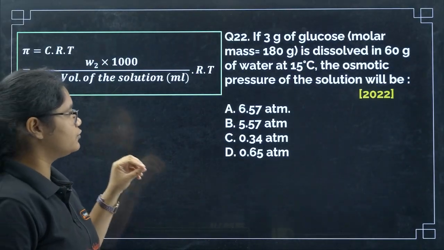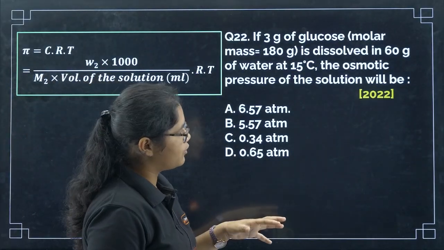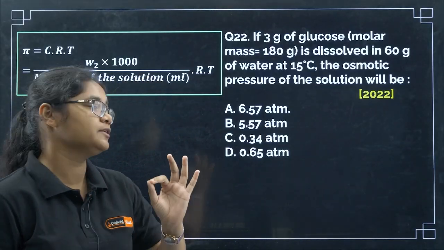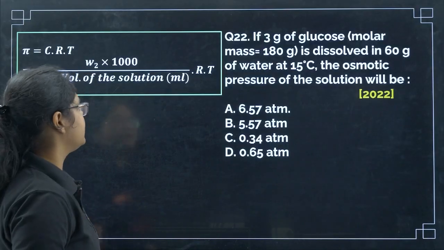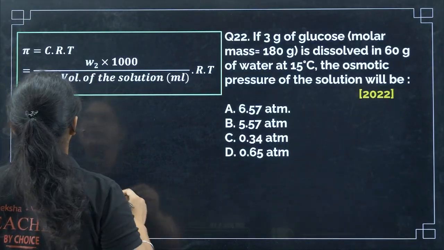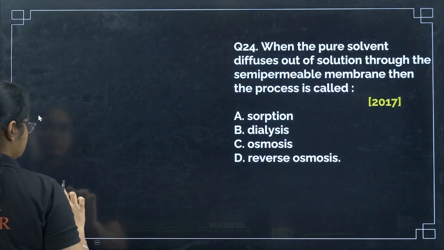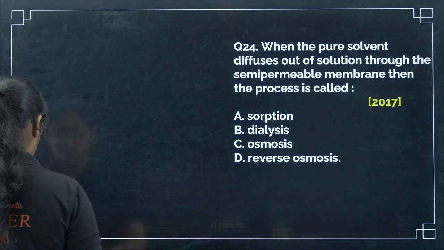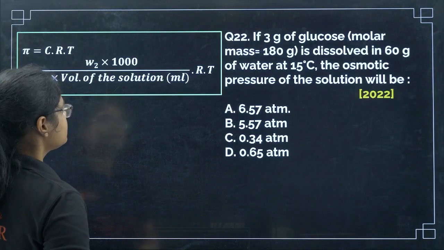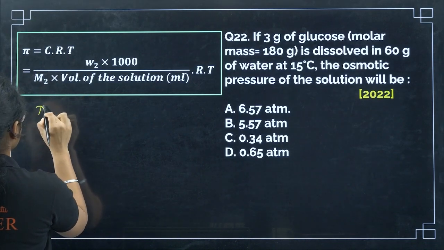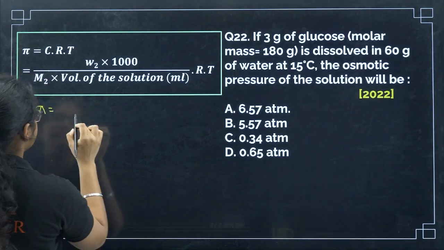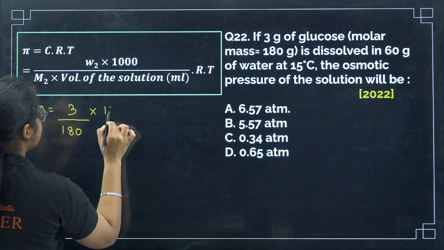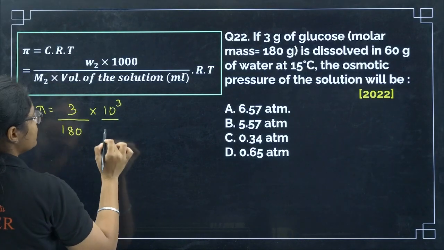If 3 gram of glucose is dissolved in 60 gram of water at 15 degrees Celsius, the osmotic pressure of the solution will be. Very direct question, we'll just put the formula here directly. So pi is equal to W2, the mass of the solute, which is 3 gram, over 180 molar mass, into 1000 over the volume of the solution.